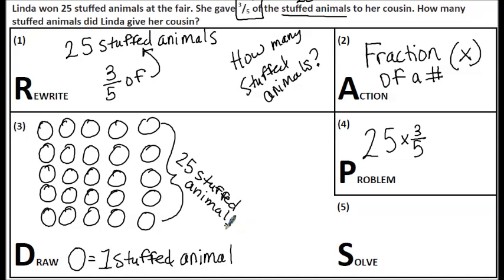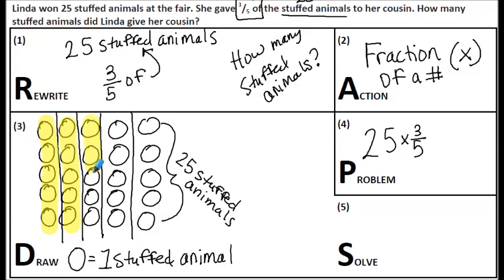So now that I have 25 stuffed animals, I want to take 3/5 of that, which means I need to split it up into 5 equal groups. And there's 5 equal groups of 5 for each column. So I have 5 equal groups, and I want to take 3 out of those 5 groups.